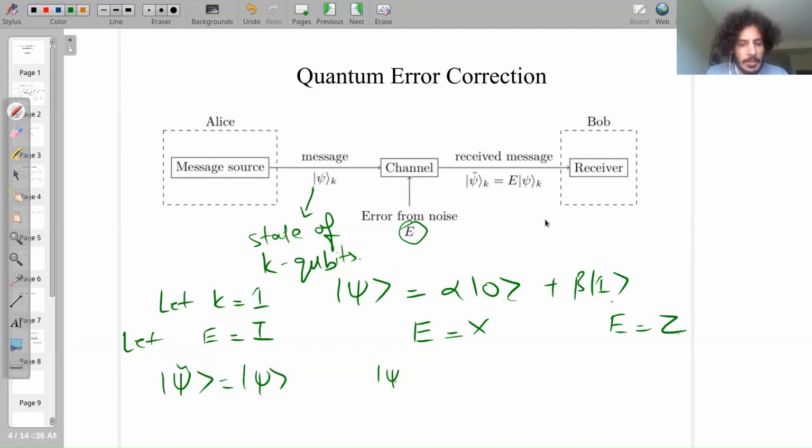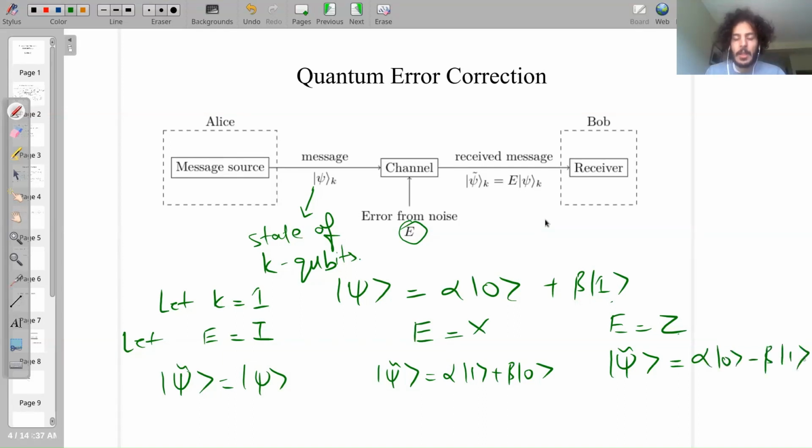But in this case, Bob will receive alpha 1 plus beta 0, right? And if the error is a Z, Bob will just receive alpha 0 minus beta 1. So these are different possibilities, and these are not the only kinds of errors that could occur. But let's talk about these first.